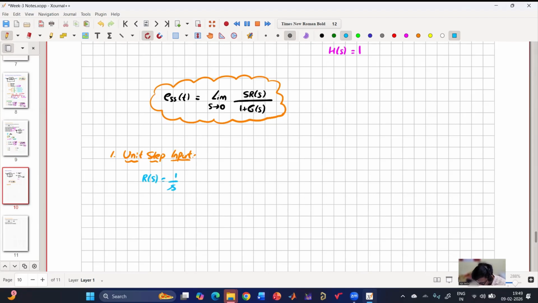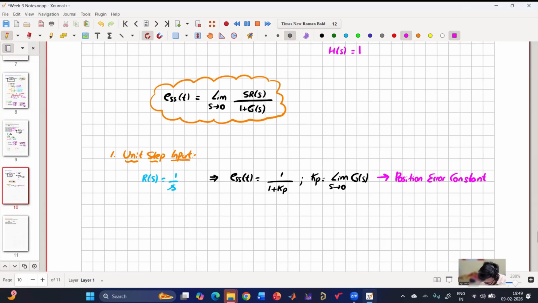Now if we simplify it, we will get e steady state of t in the form of 1 by 1 plus Kp, where Kp is equal to limit s tending to 0, G of s. And this is called position error constant.